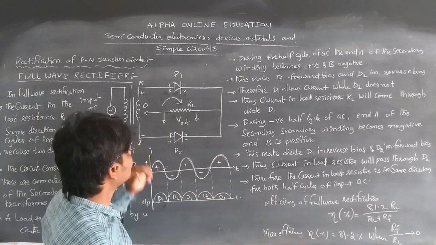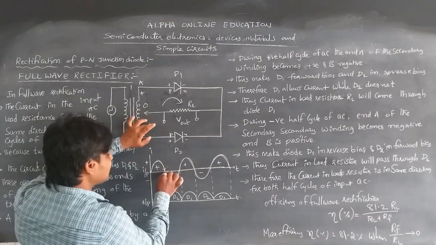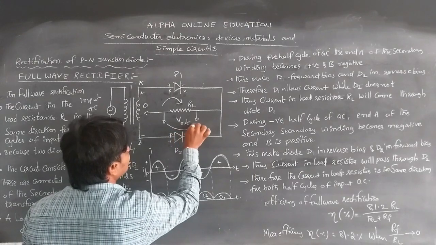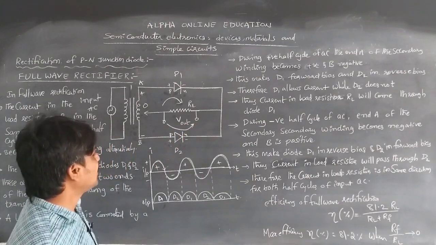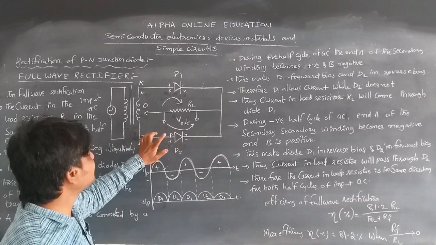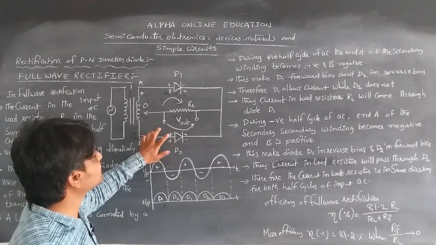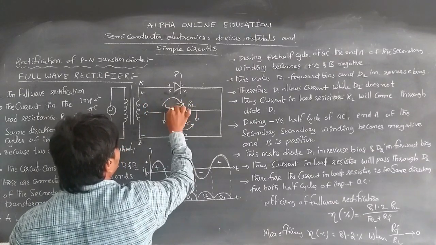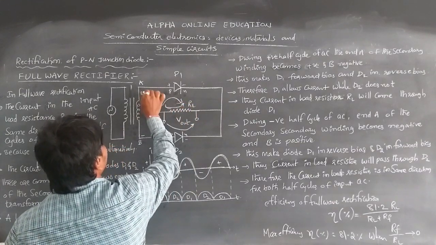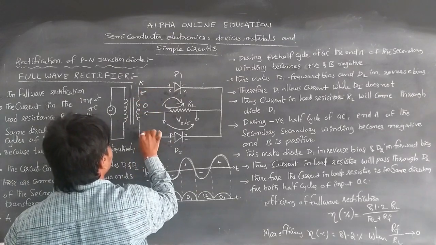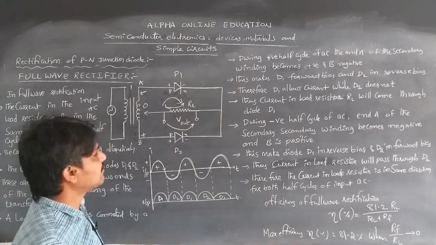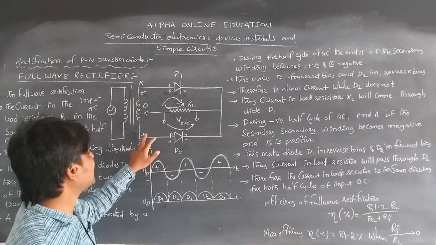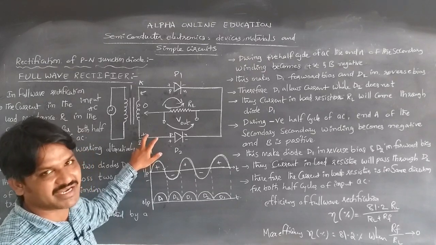Now, during the negative half cycle, A becomes negative and B becomes positive for the secondary winding.